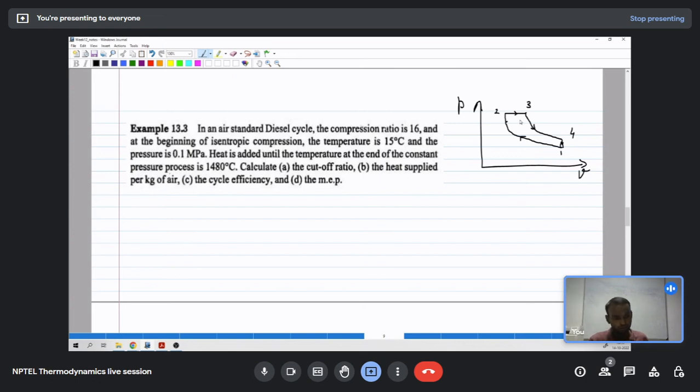Now I can write the known parameters. T1 is 15 degrees Celsius, or in terms of Kelvin, 288 Kelvin, and P1 is 0.1 megapascal, or 10 power 5 pascals.